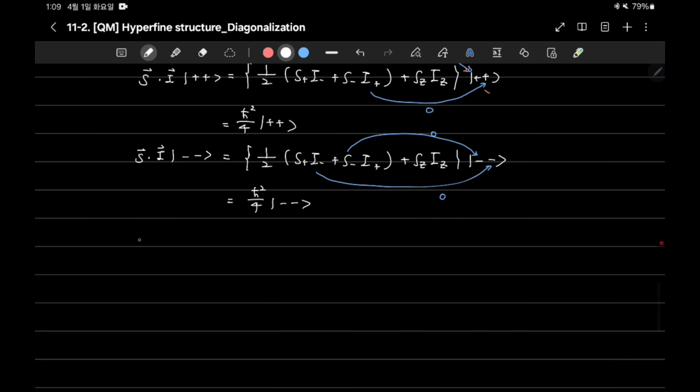And so let's think about s dot i applied to plus minus.